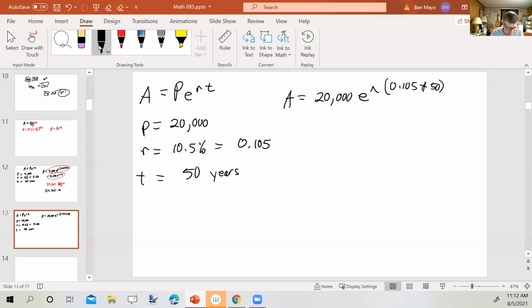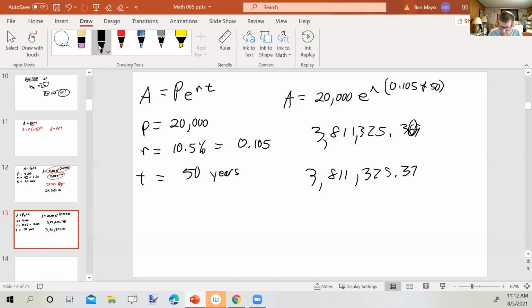Close that up. I get 3,811,325.369. So that's going to be 3,811,325.37, because again, we're rounding to the nearest hundredth. So to the thousandths place, the 9 would round up. Okay.